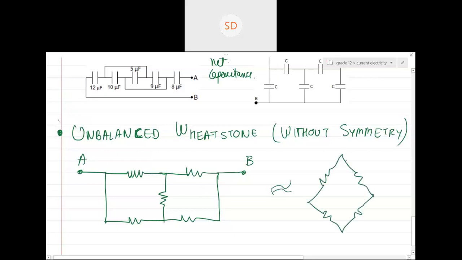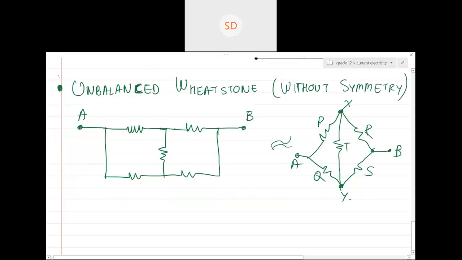This is the same thing. I already drew the multiple circuits. P, Q, R, S, T, A, and B. So this is one and the same thing. So this is your points A and B, and these are your points X and Y. Is this clear? So this is also a Wheatstone bridge.